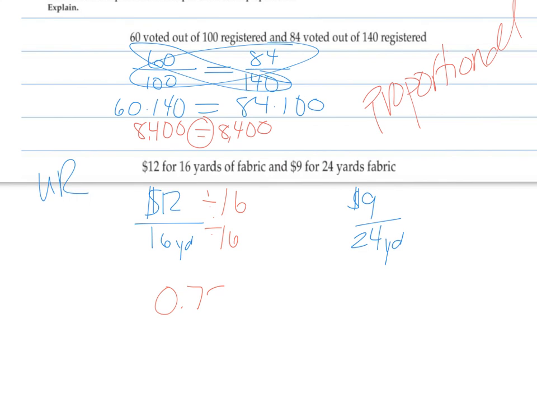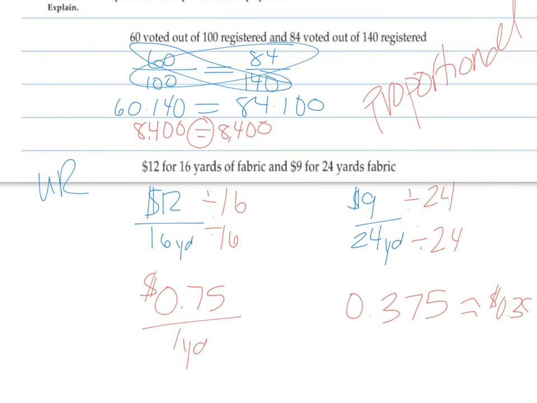I find out this is 75 cents for 1 yard. Divide by the denominator on the next one, and I find out that is 375 thousandths, which would be approximately 38 cents per 1 yard. So those are not equal, so this is a non-proportional relationship.